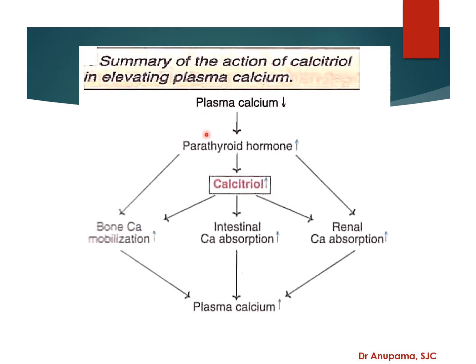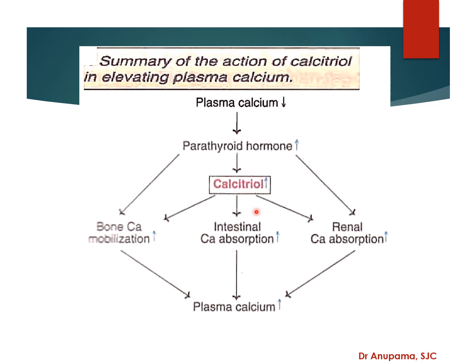So to summarize the activity of calcitriol, if the plasma calcium levels are depleted, they have to be increased. So what happens is this increases parathyroid hormone production, which in turn induces calcitriol formation. Now this calcitriol has 3 effects, one on the bone, one on the intestine and one on the kidney.